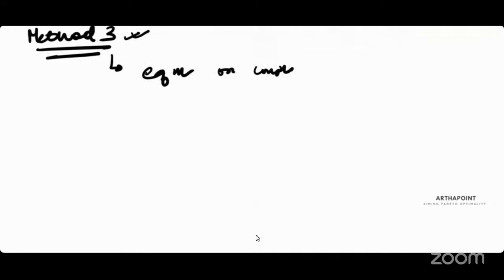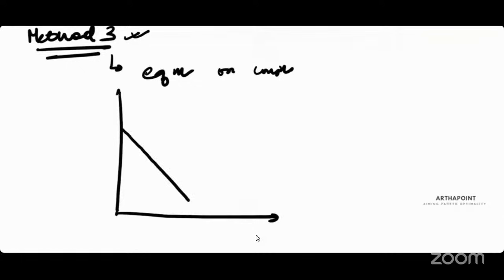So method 3 relies on the equilibrium that we get in case of consumer. So how do we really get consumption equilibrium? We have a budget line. We try and attain the maximum or the highest indifference curve possible.